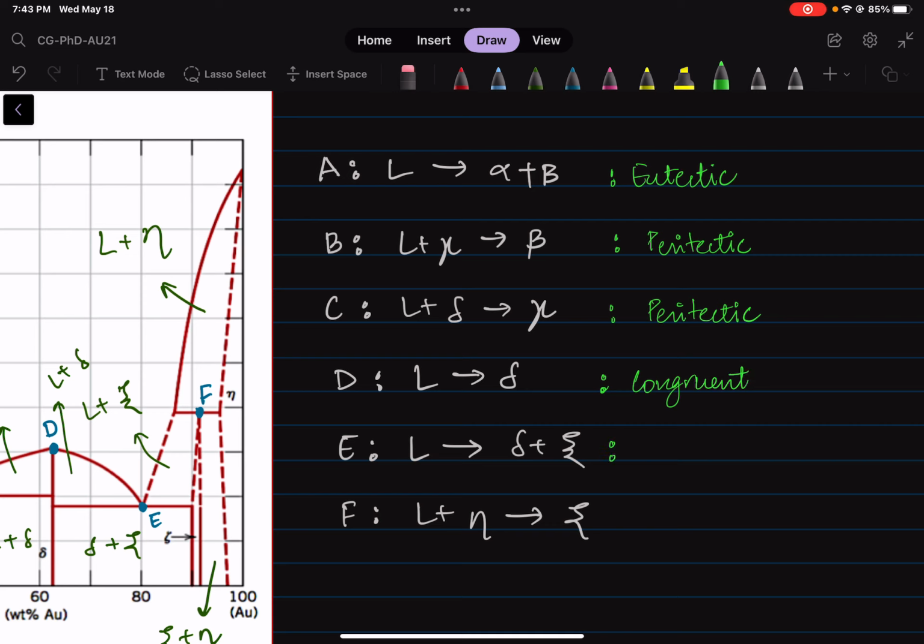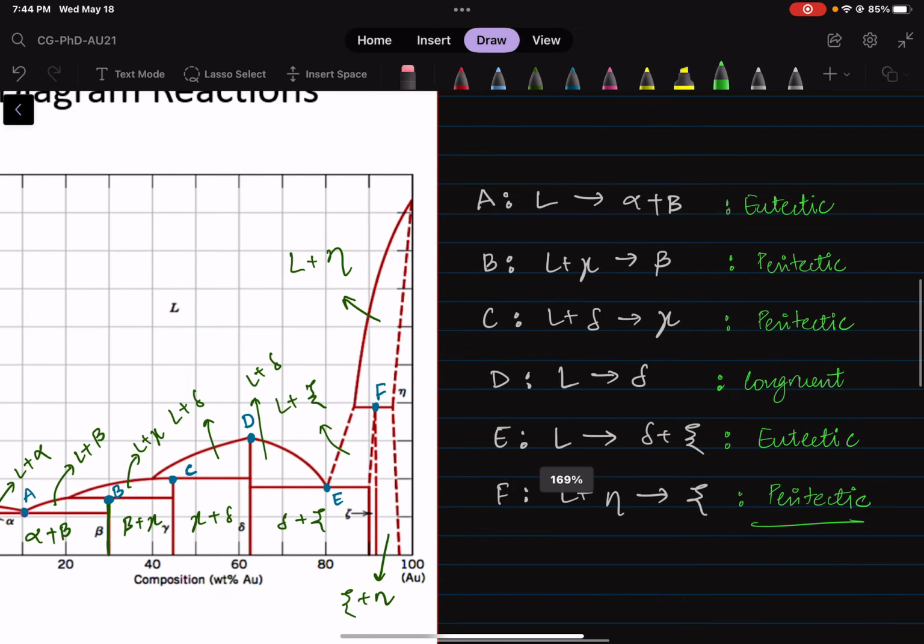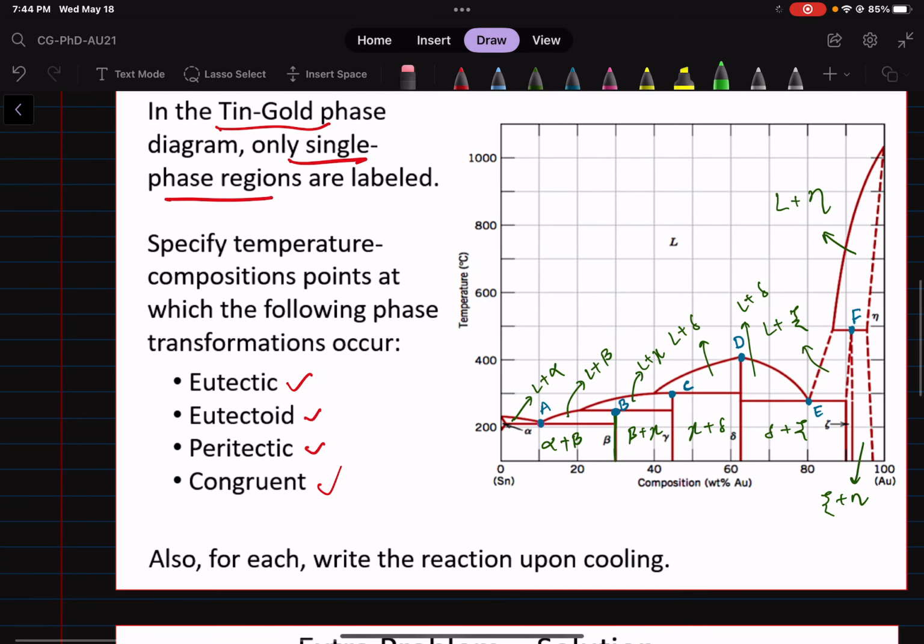Liquid transforming to two solids is a eutectic reaction. One liquid and one solid combining and forming another solid is a peritectic reaction. You will notice that there are no eutectoid reactions. So we found a eutectic, a couple of peritectics, and a congruent, but we did not find any eutectoid reaction.